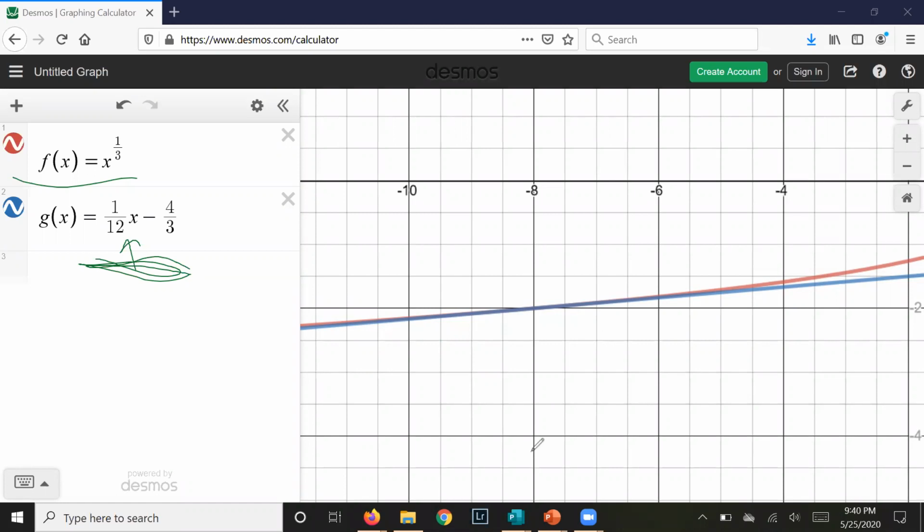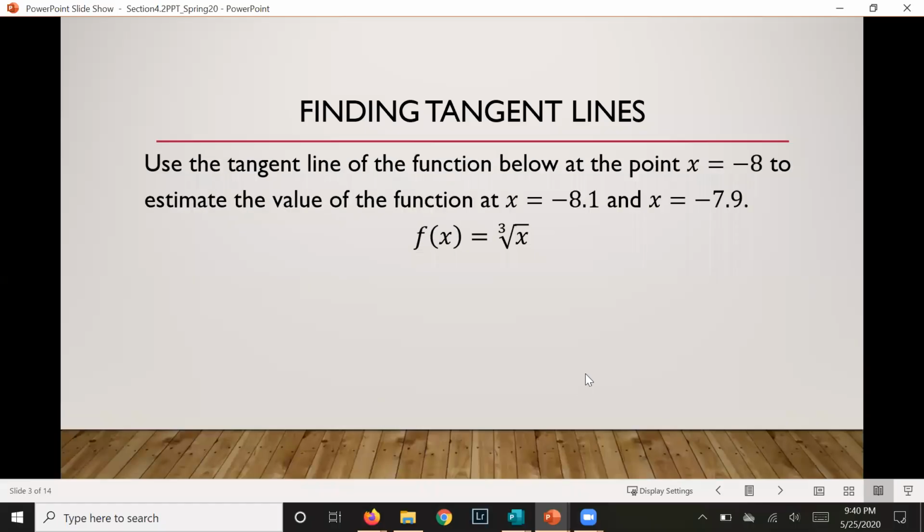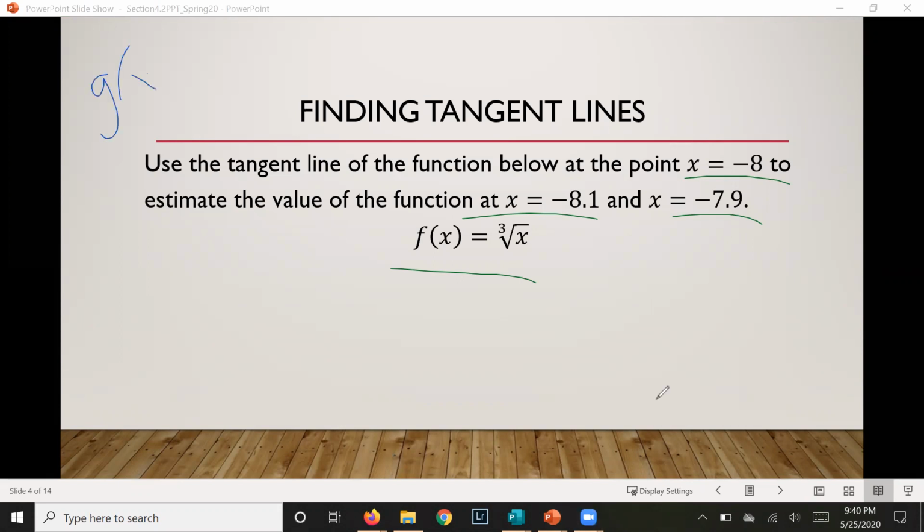All right, so let's take a look at how this works. They tell us to use a tangent line to the function at x equals -8 to estimate the values of the function at x equals -8.1 and x equals -7.9. Recall we found the equation of our tangent line was g of x equals 1/12 x minus 4/3. So I'm going to take the -8.1 and plug it into the equation for the tangent line, not the equation for the function.